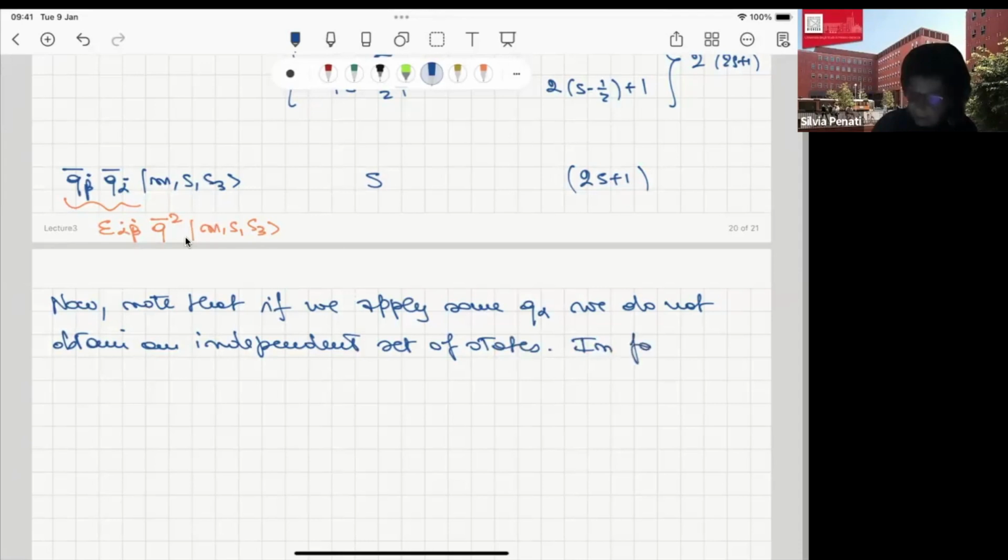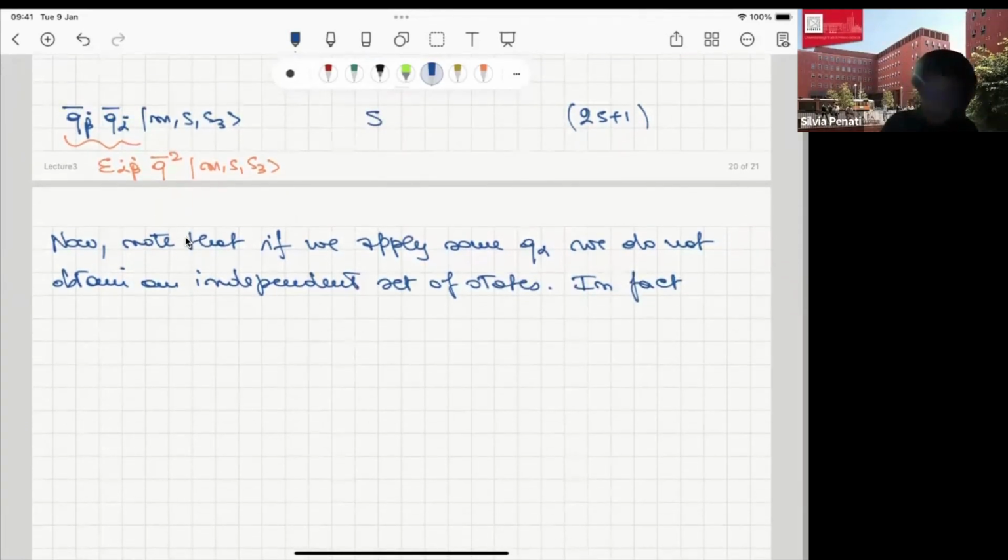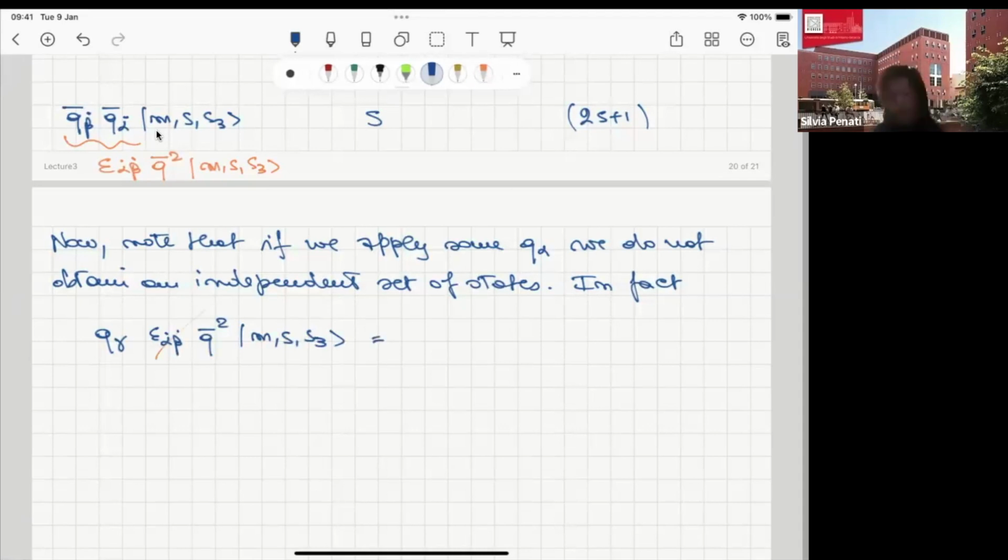In fact, suppose, for instance, I decide to apply Q gamma to this state that I was considering here as the last state of my chain. So I will apply Q gamma to epsilon alpha dot beta dot Q bar square M S S3. Forget about the epsilon. It does not play any role at this point.